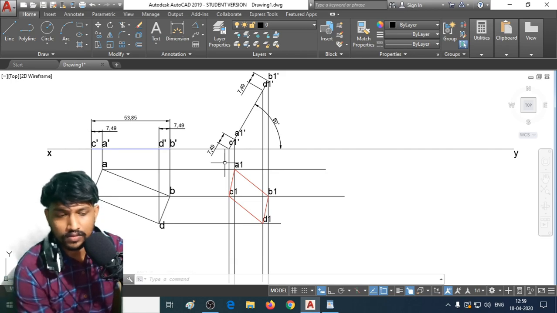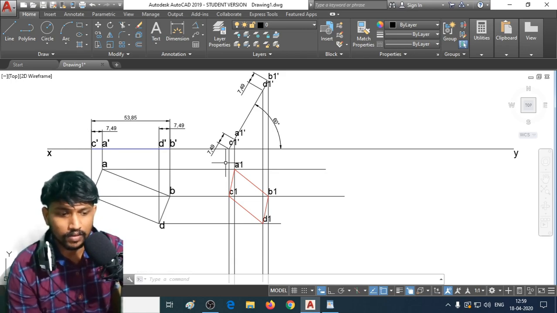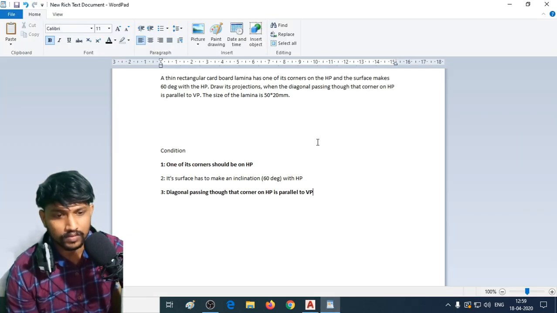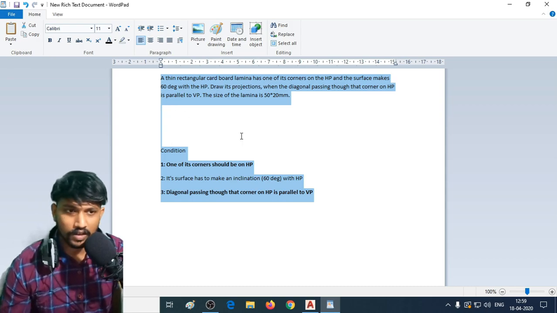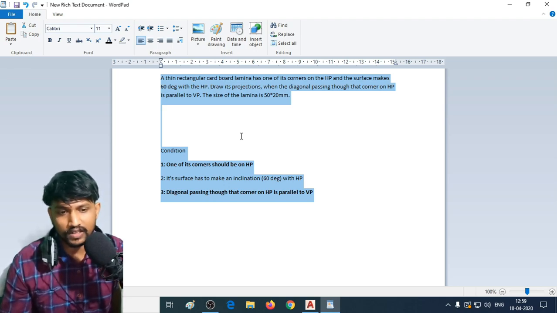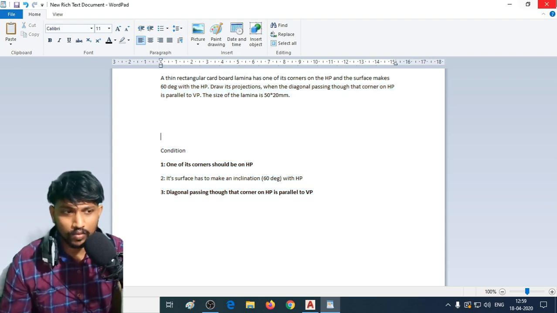Okay, this is the second problem. Now, if there are any topics that you want me to repeat, I can repeat the second unit one more time, about the points and straight lines, after completing 2 more problems in this one.